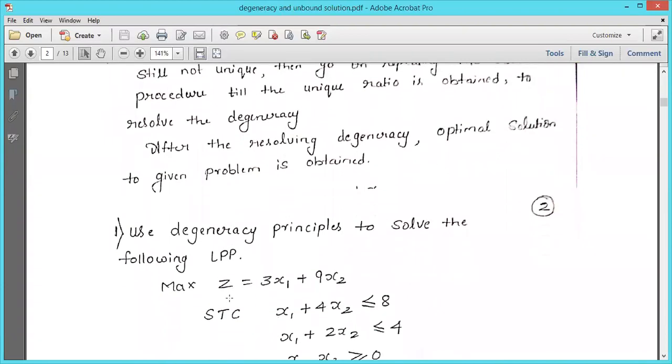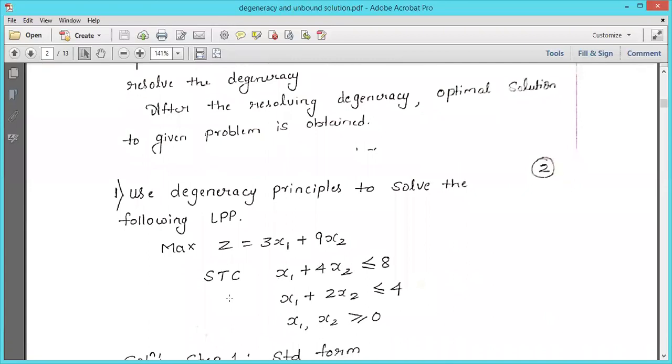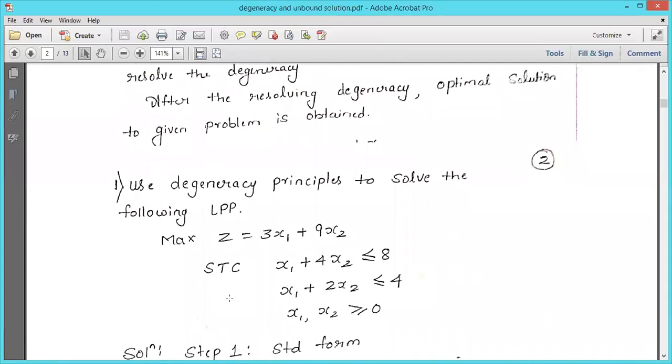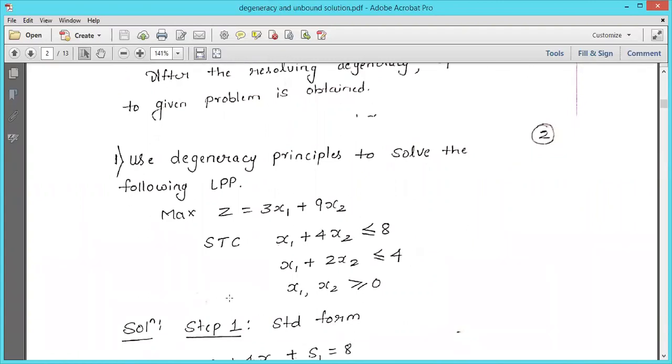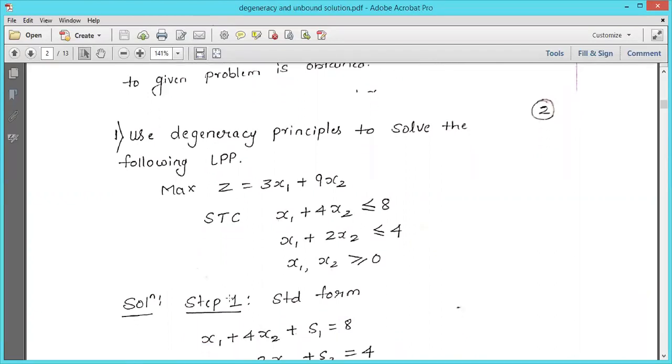So let us consider an example: use degeneracy principles to solve the following LPP. Here we have the objective function z is equal to 3x1 plus 9x2, and the constraints x1 plus 4x2 less than or equal to 8, x1 plus 2x2 less than or equal to 4, x1, x2 greater than or equal to 0. The first step is to represent the problem in standard form.